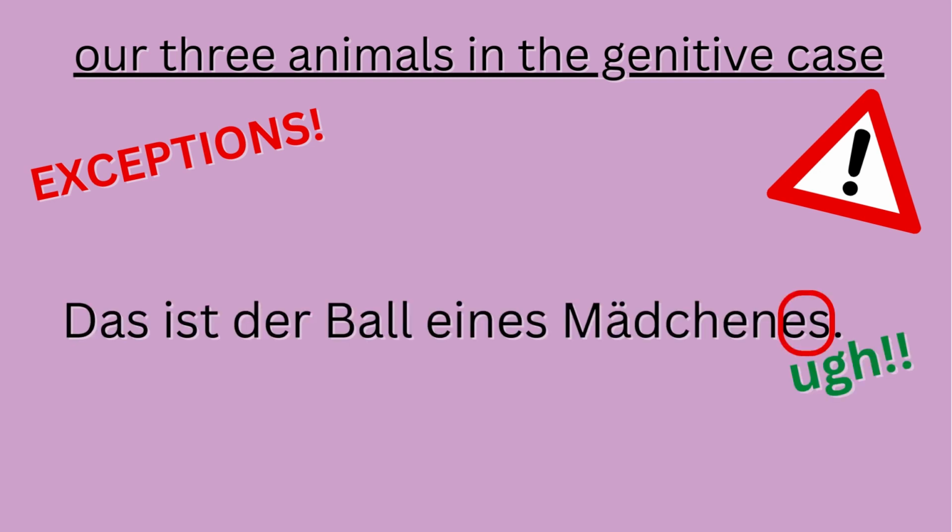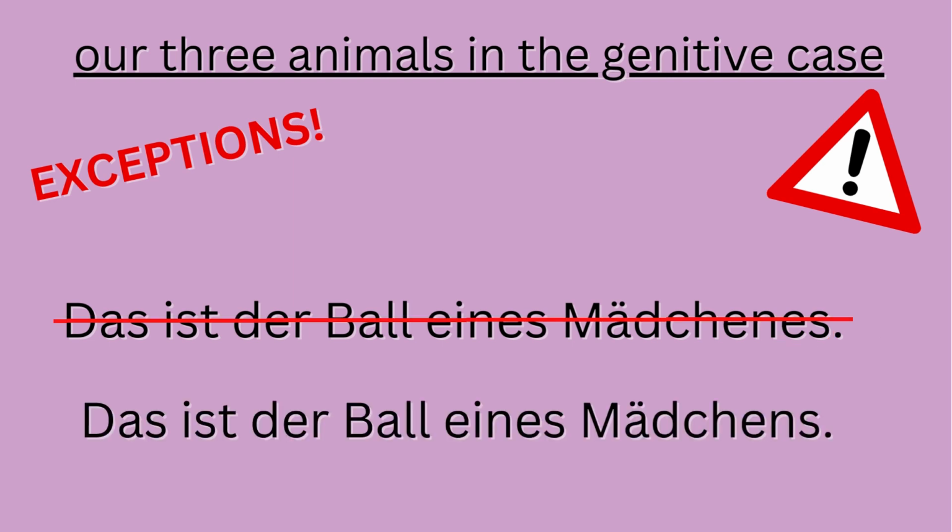With the masculine and neutral word endings for the genitive case, there are quite a few exceptions. The most common exception is if the E just gets dropped off, and there are rules that apply to that, but I think the best way to describe it is that it simply sounds better. For instance, if you said, das ist der Ball eines Mädchenes, it just doesn't sound right.